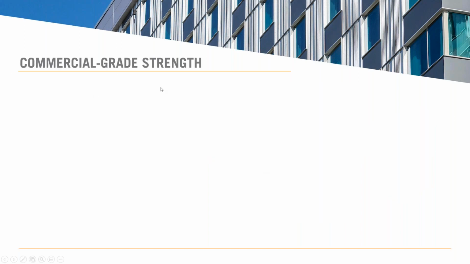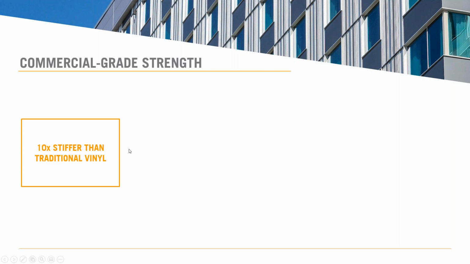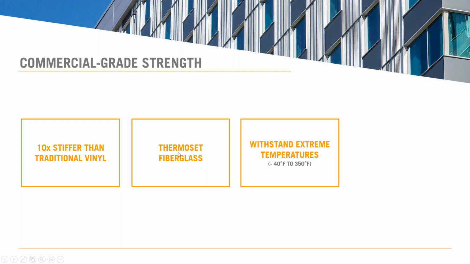So the composite that comes out the other side is a very strong and durable material that lends itself to commercial applications. You have a material that's 10 times stiffer than a traditional vinyl window, so similar to aluminum. Also, that thermoset property just really makes it an inert material and a strong composite, which allows it to withstand extreme temperatures.